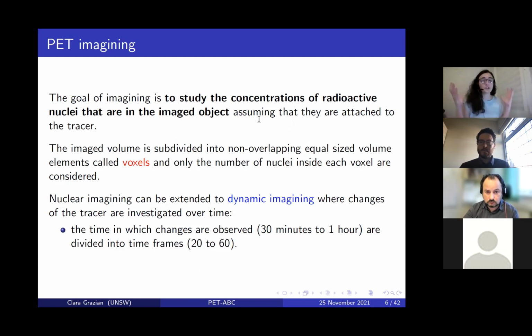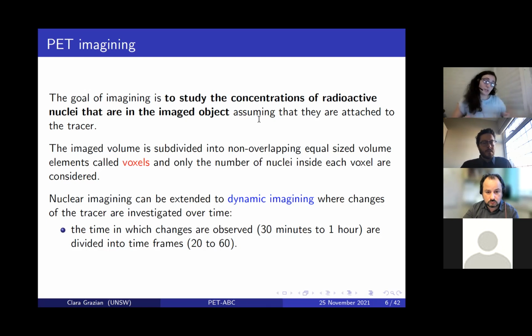The image is a 3D image. So you get a volume, and the volume is subdivided into non-overlapping volume elements called voxels. And you can observe the radiation for each voxel.